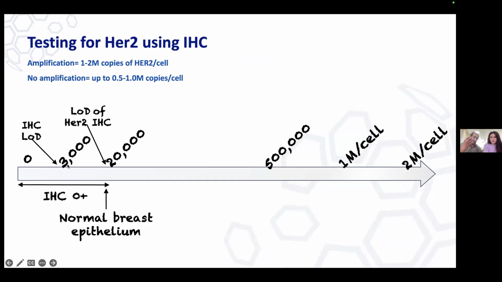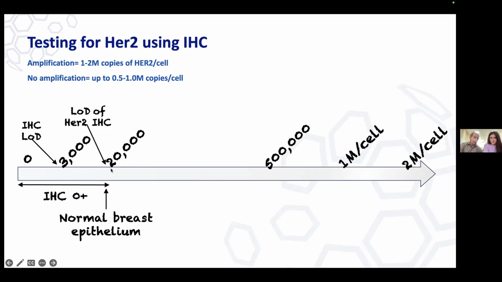These are broad numbers, not entirely specific. Below 3,000, I'm usually not going to be able to detect it using immunohistochemistry. Above 3,000, I start to see some immunoreaction on the membrane. These are for membrane staining only.